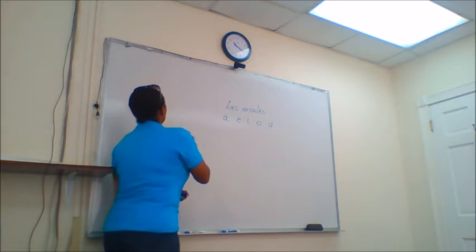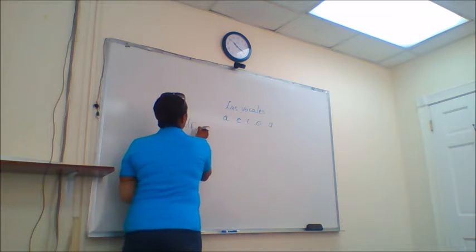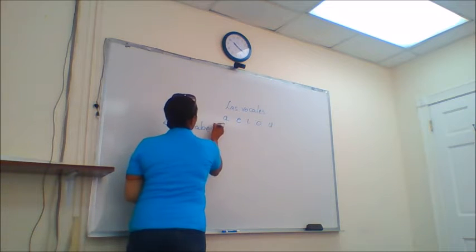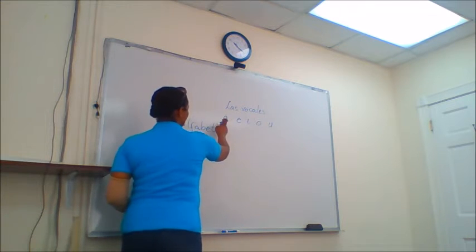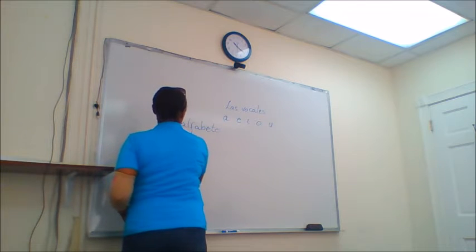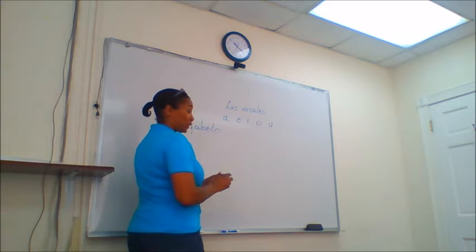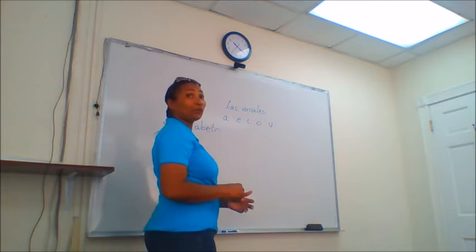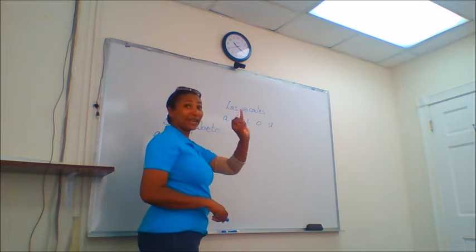So with el alfabeto, we also blended syllables, some of those sounds, using the vowels. The first letter we know is A, and we sounded B, using the vowels. And so we got the sounds, what are they, Bruce?